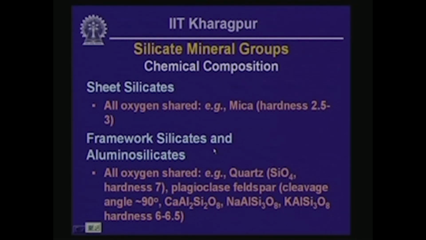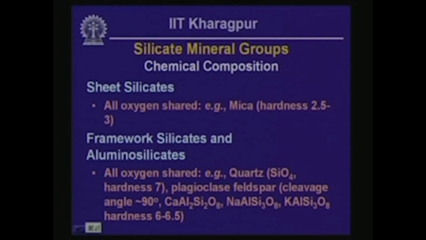Now, the next group of silicate minerals is the sheet silicate, and in the case of sheet silicate, all oxygen ions are going to be shared. You remember I indicated that there was a mistake in the last slide, in which I said that in the case of ring silicates all oxygen ions are shared, but that was not correct.